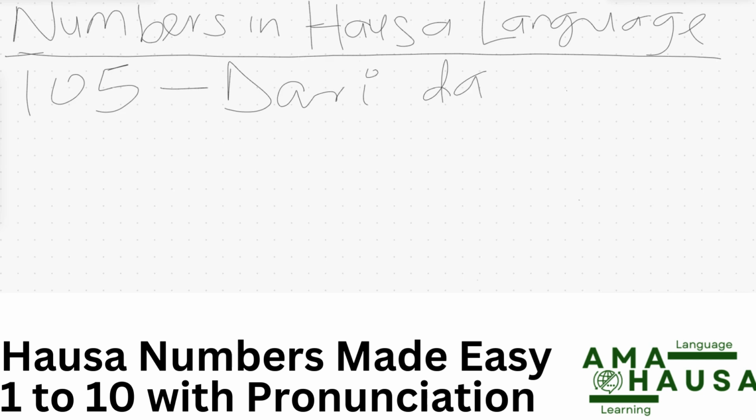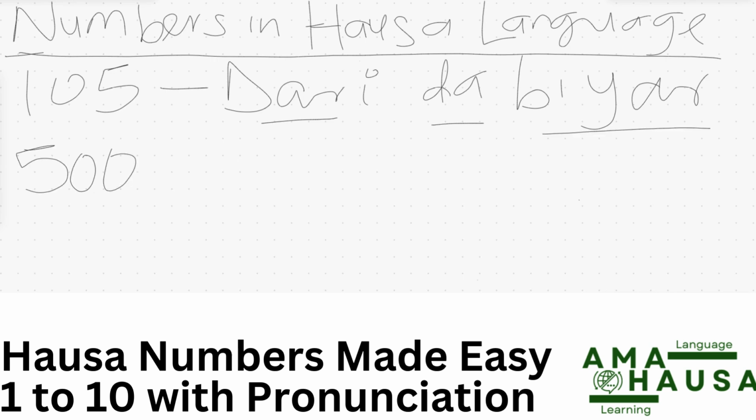Dari da biyar. However, to say 500, in Hausa, when you want to say something like 2 bags or 3 bags, you always say bags first and then the number. So dari biyar is 500.